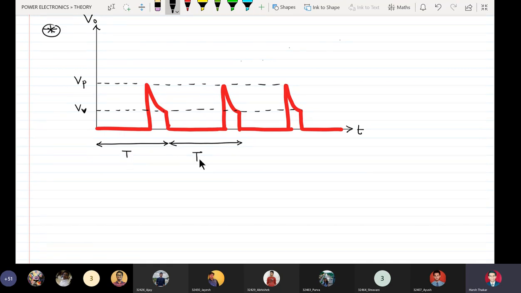This is the time period T. And understand that this is the charging time tau 1 and this is the discharging time tau 2. So tau 1 equals R into C, tau 2 equals RB1 into C.